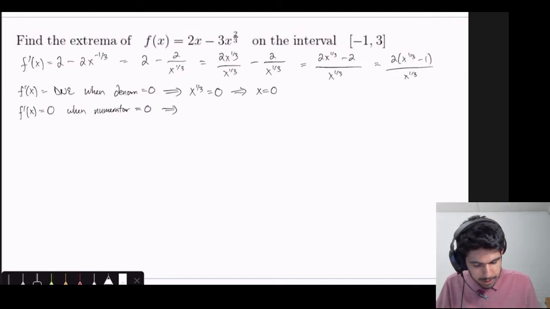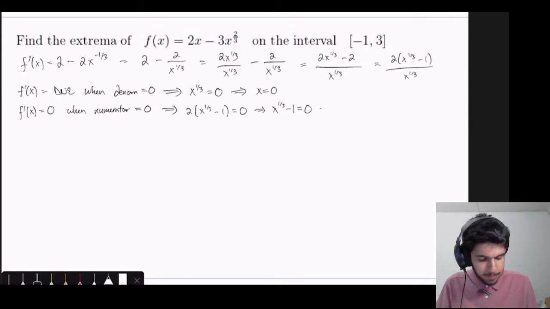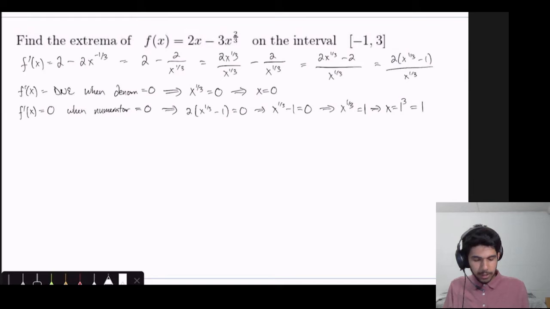When is the numerator 0? That's when 2 times this quantity equals 0. And that tells us that x to the 1/3 minus 1 equals 0, which tells us x to the 1/3 equals 1. And that tells us x equals 1 cubed, which is 1. So our critical values are x equals 0 and x equals 1.